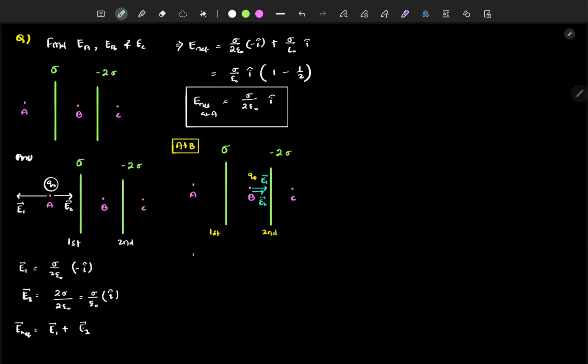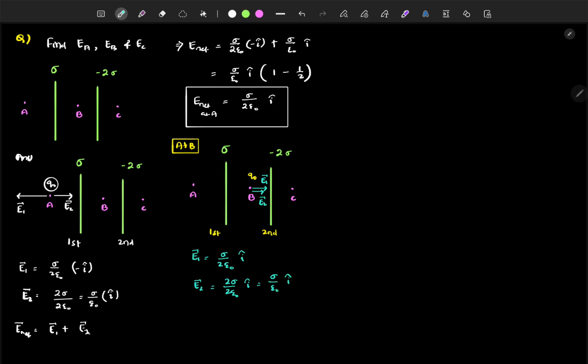Yes, at B. So what is the value of the E1 vector? E1 vector is equal to sigma by 2 epsilon naught i cap, and E2 vector is equal to 2 sigma by 2 epsilon naught i cap, that is sigma by epsilon naught i cap.